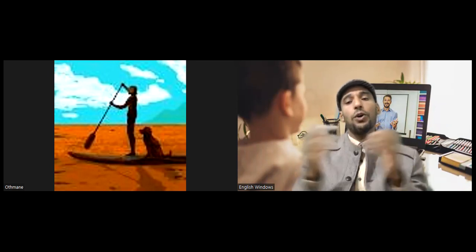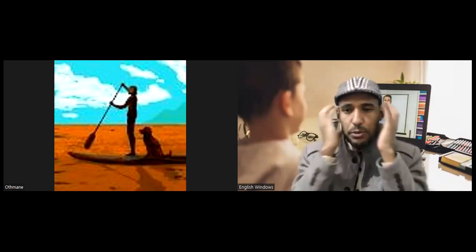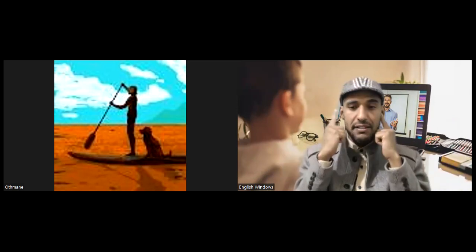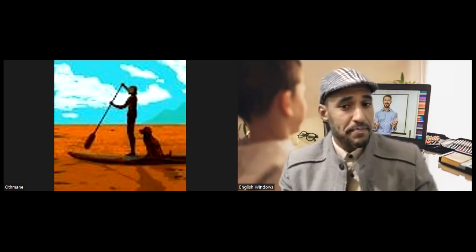Also, those headsets that we use on our head, if we put them on for a long time, may have effects on our hearing. So generally speaking, VR may have negative side effects on our health.